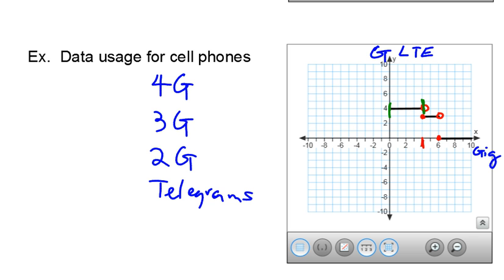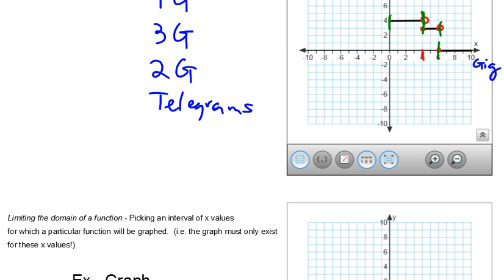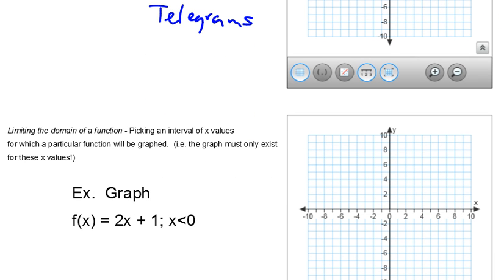Then go from 4 gigs to 6 gigs for the next bracket of 3G, right? And then after 6, they drop you down to 0 G, and then you're just using your phone, right?